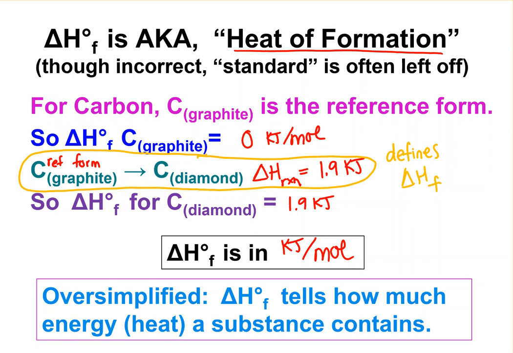So heat of formation is like assigning a number to each different substance, and we can compare those to see what's happening in a chemical reaction. One way to say this is that something like gasoline would have a high heat of formation because a lot of energy is stored in it.